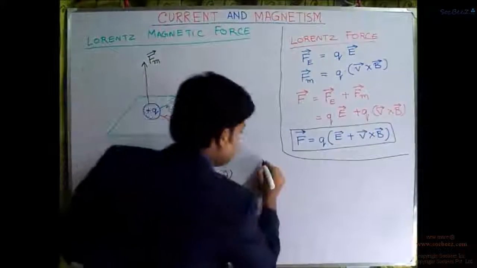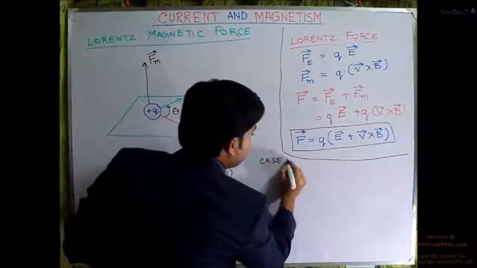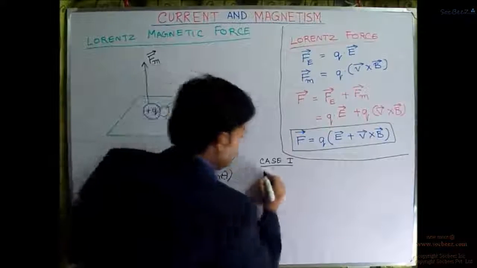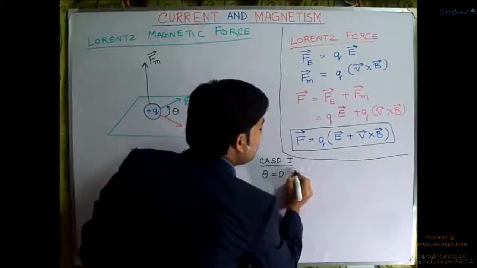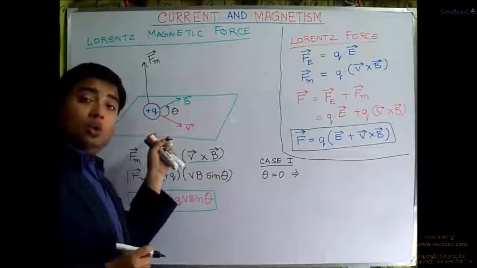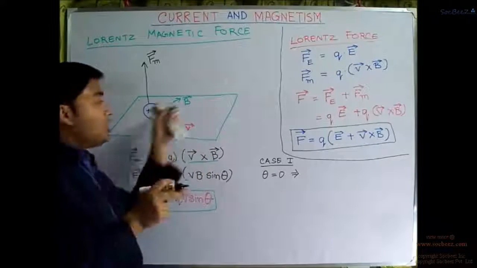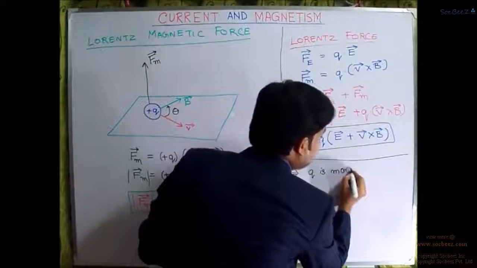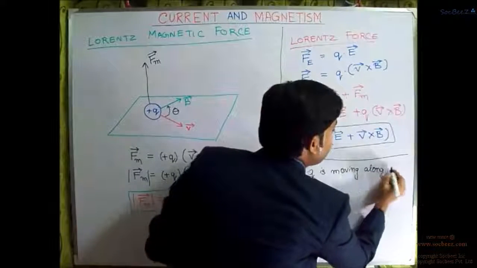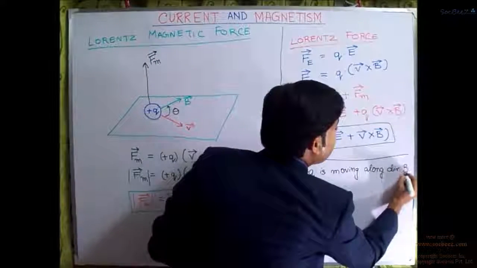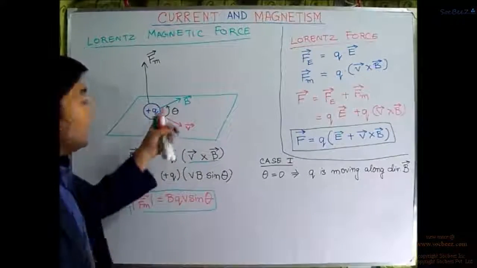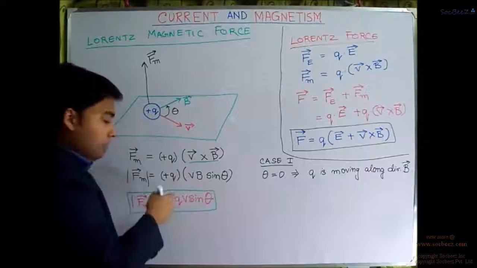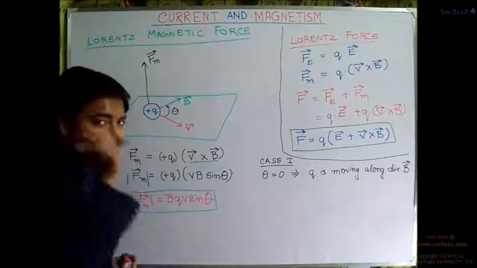As case 1, if theta is equal to 0, which implies that this Q is drifting in the direction of B, then the magnitude of the Lorentz force will be equal to B multiplied by Q multiplied by V multiplied by sine 0.